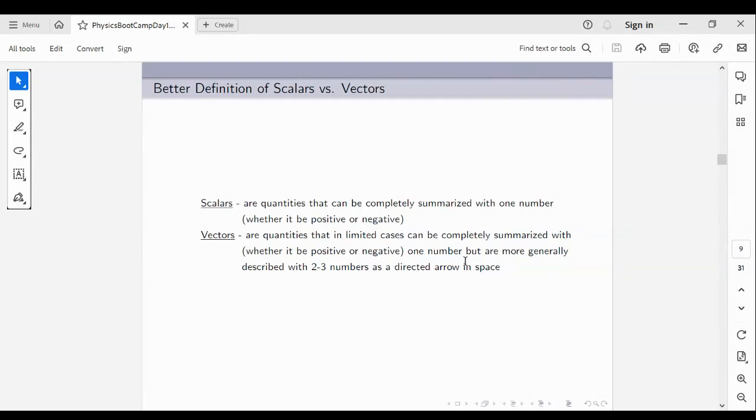Scalars are quantities that can be completely summarized with one number, whether it be positive or negative. Big distinction. Vectors, on the other hand, are quantities that in limited cases can be completely summarized with one number, whether it be positive or negative, but are more generally described with 2 to 3 numbers as a directed arrow in space.